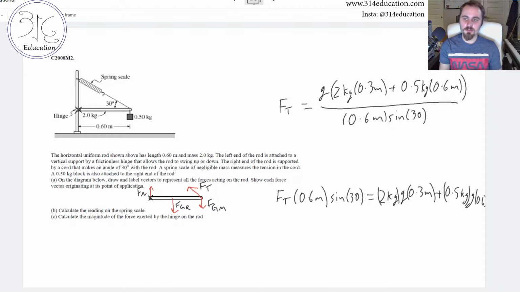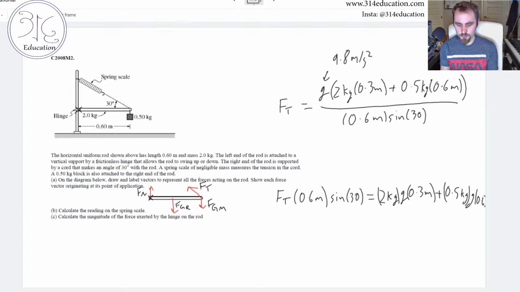Okay, and then for g, does it tell us to use 10? Then we're going to use 9.8 because I like 9.8 better. And if we're using a calculator already, then we might as well use it for a more accurate answer. Yeah, and so now I'm just going to plug in our values here. We have 9.8 times the quantity of 2 times 0.3 plus, again, make sure these are in parentheses, so we're multiplying before we're adding.